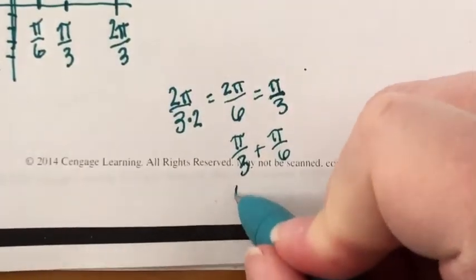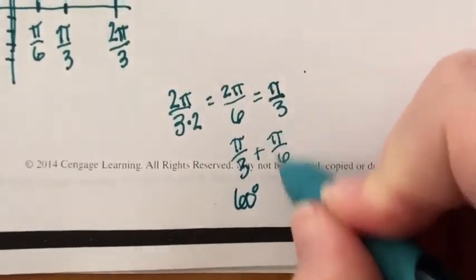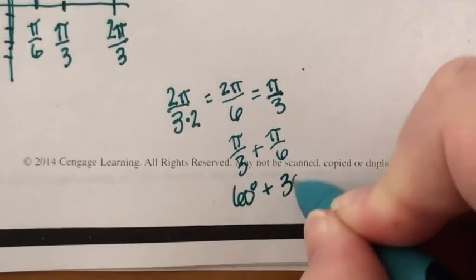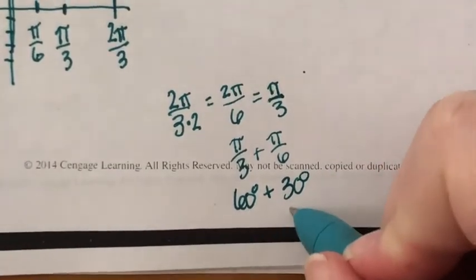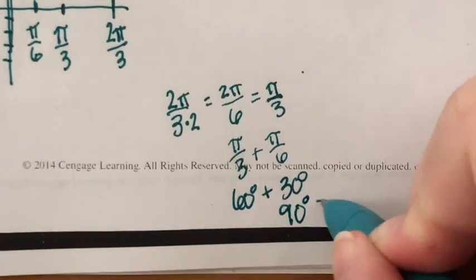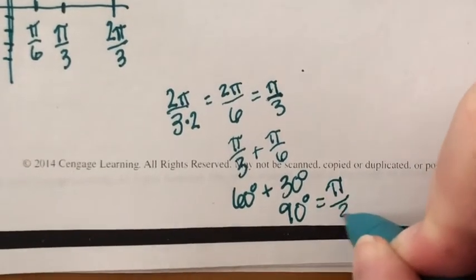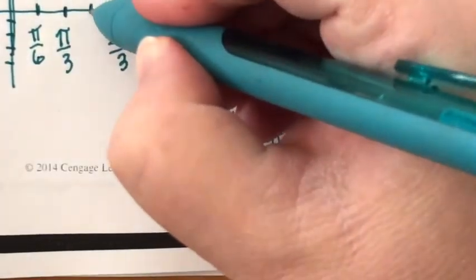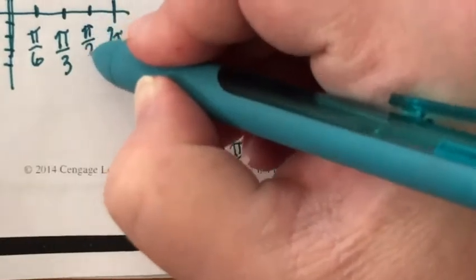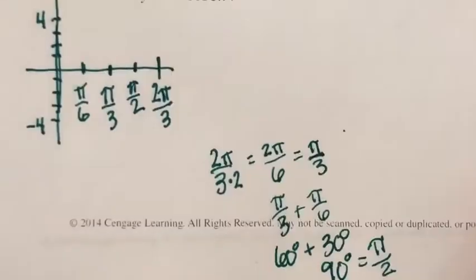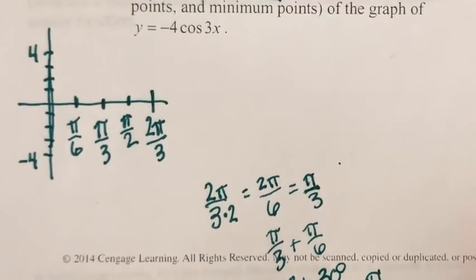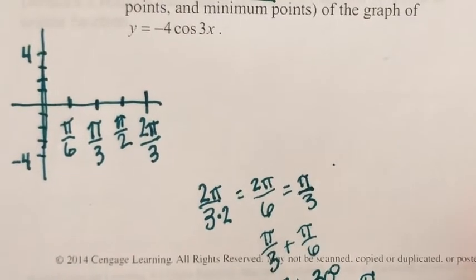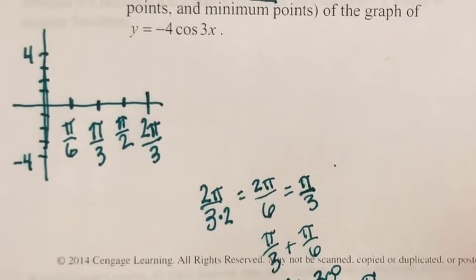So pi thirds I know is 60. Pi sixths is 30. 60 plus 30 is 90, and I know that 90 is the same thing as pi halves. So right here, this is pi halves. Okay, and so those are all my important points there.